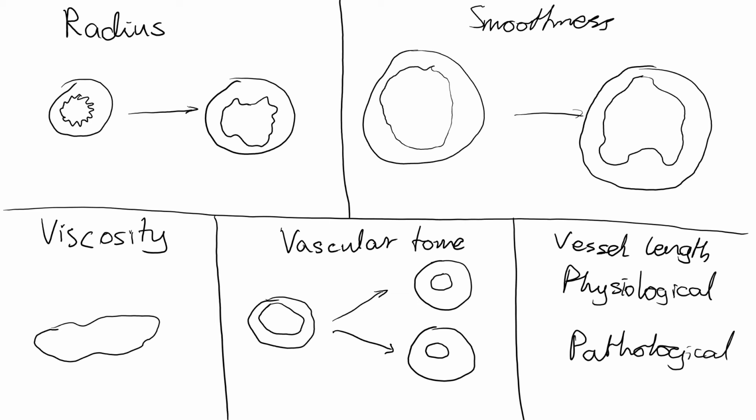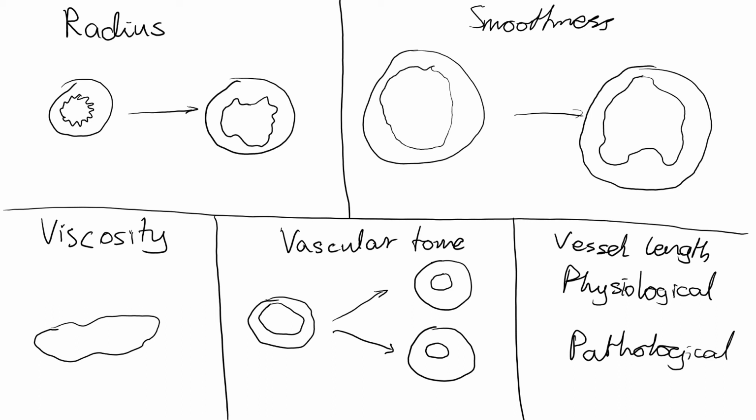So that means that compared to a baby, in which the blood vessels are comparatively shorter in length, an adult has much longer blood vessels. So naturally, that's going to mean that blood pressure is going to increase because blood vessels increase in size because the person itself increases in size. So that's a physiological or a normal process example of where blood vessels increase in length and therefore increase the blood pressure.